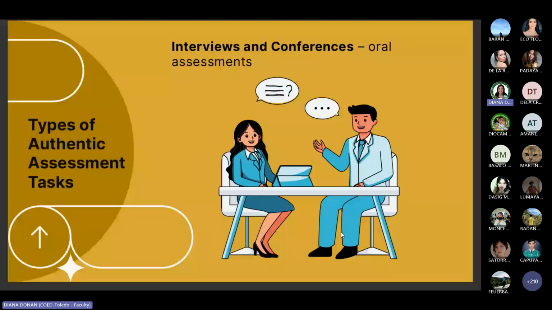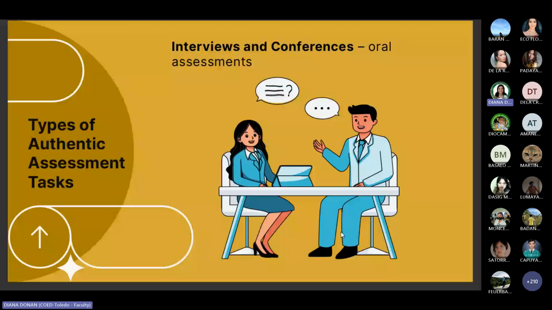So this is the type that is especially helpful when written tests don't fully capture a student's ability. So each of these types serves a different purpose, but all of them help us move beyond memorization and focus on real understanding, application, and growth.